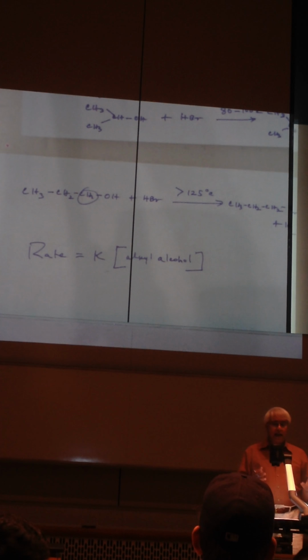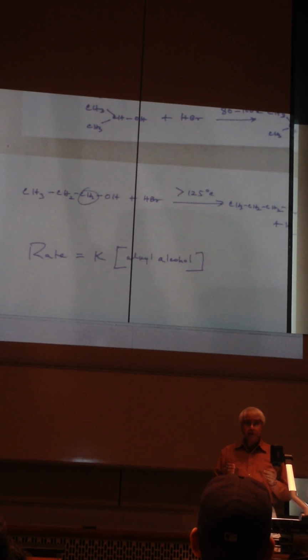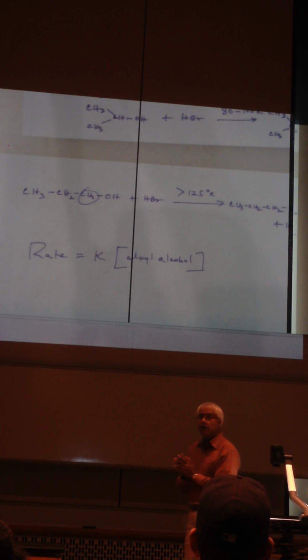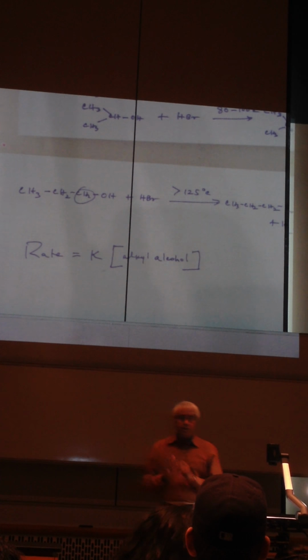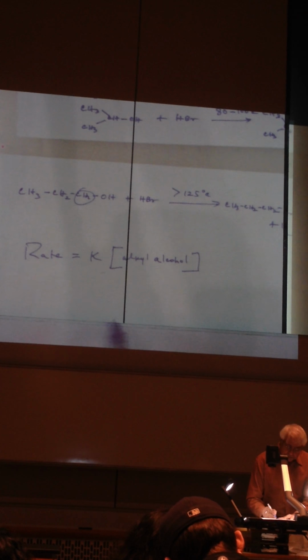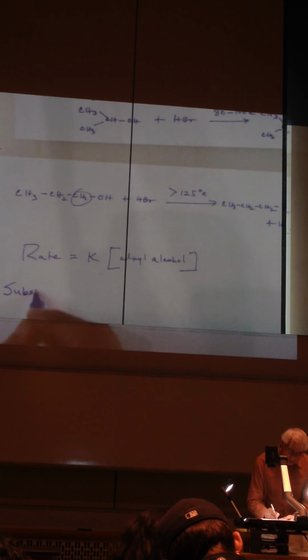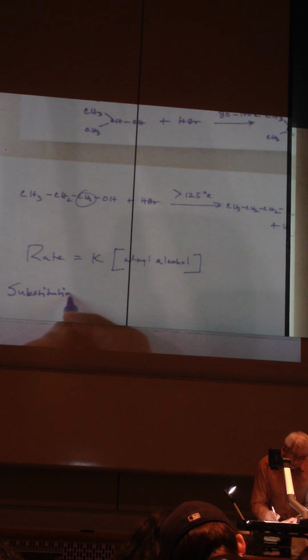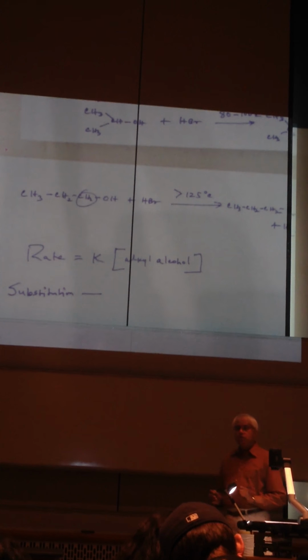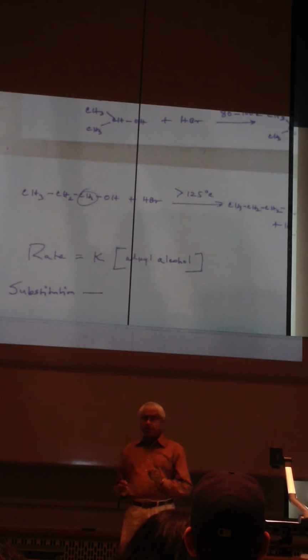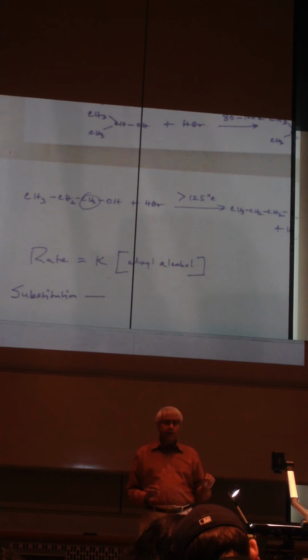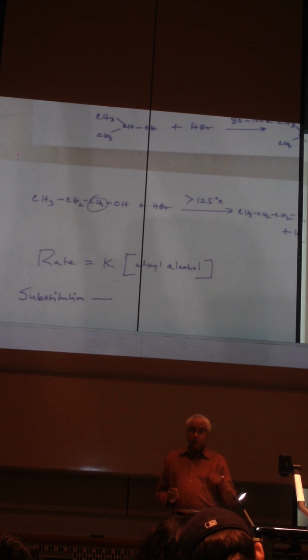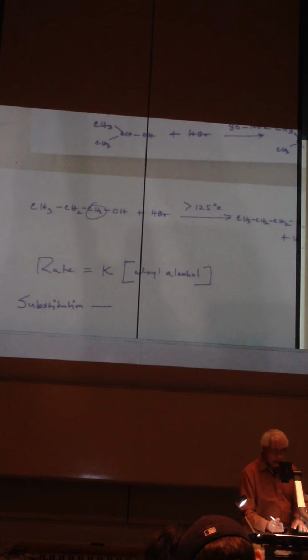And this is an example of a reaction which is substitution, because we're substituting the OH group for a halogen, right? So this is a substitution reaction. This is also what we call a nucleophilic reaction, and I'll explain that in more detail in a minute. Okay, so it's a substitution nucleophilic, and it's unimolecular.